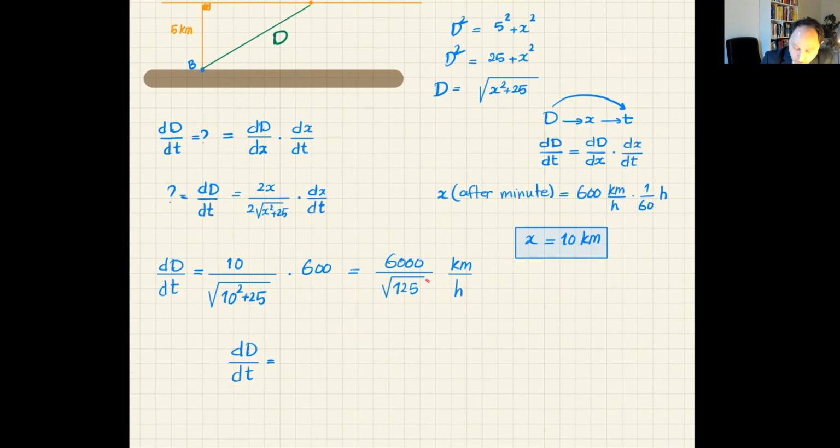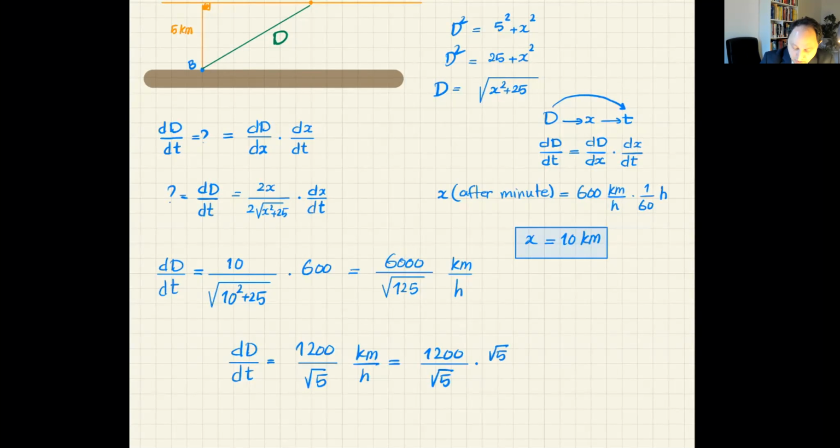So square root of 125 is square root of 5 to the 2 times 5. And then I take the square root, it becomes this. And this 5 and that one are canceled. So it becomes 1,200 over square root of 5 kilometers per hour. And I always prefer to get rid of the square roots in the denominator. So do you remember? Let me just repeat this. We don't have enough time to go to another problem. Let us at least complete this one.